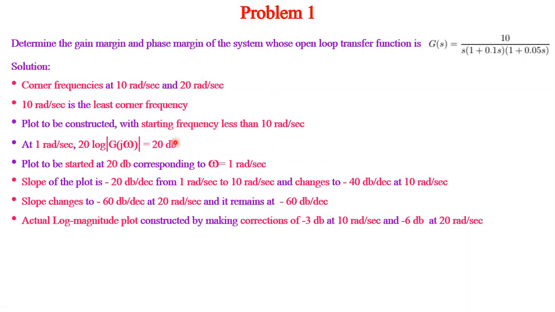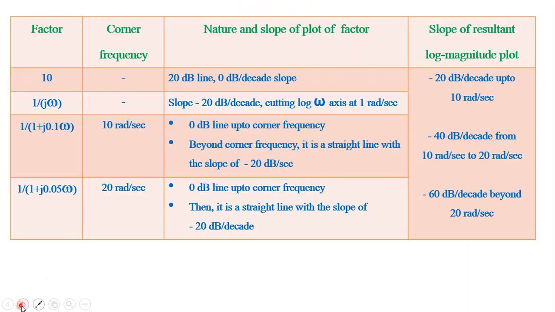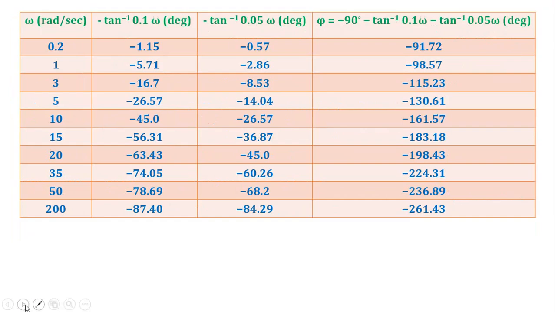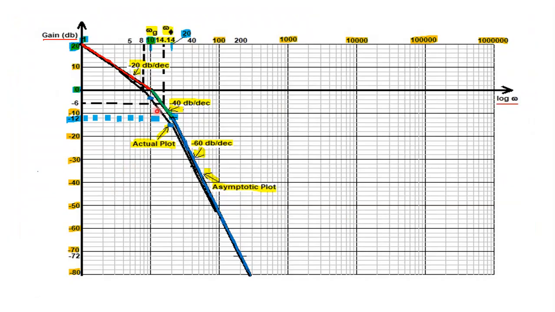Further, we know very well that we have three slopes, three changes in slope: minus 20, minus 40 dB per decade, then minus 60 dB per decade. If I start at 1, then this will be 10, 100, 1000, 10,000, lakh, 10 lakhs.